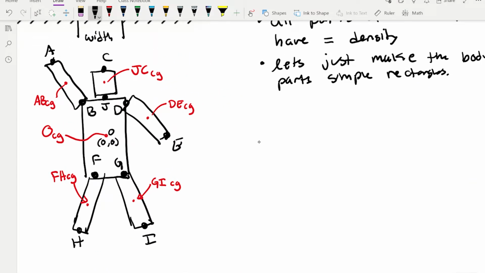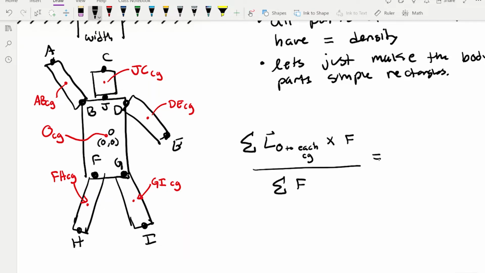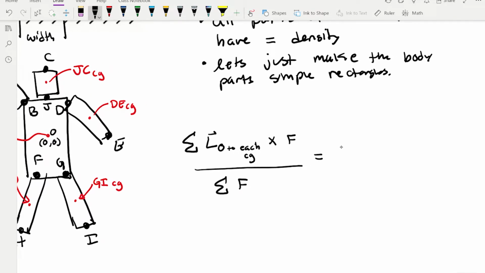So taking this system, we can say that the sum of vector lengths from the origin to each CG crossed with the force divided by the sum of those forces is equal to the center of gravity. All right, so what does this look like? That looks like a sum of moments about some origin divided by the sum of forces.